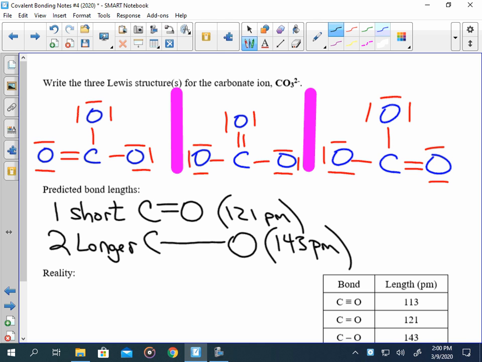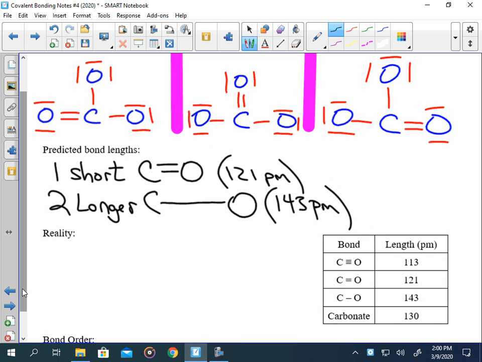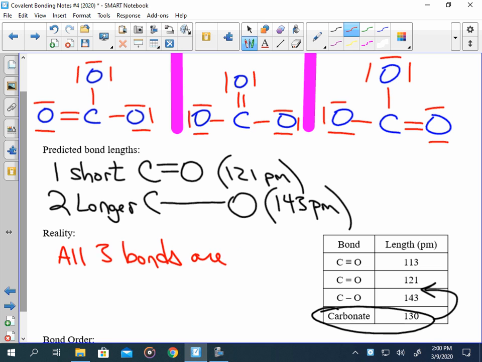In reality, all three bonds are equal in length and equal in strength. And what is the length? What in the heavens to Betsy Lou? It's 130, which is somewhere between a single bond and a double bond. So all three bonds are equal in length and strength.